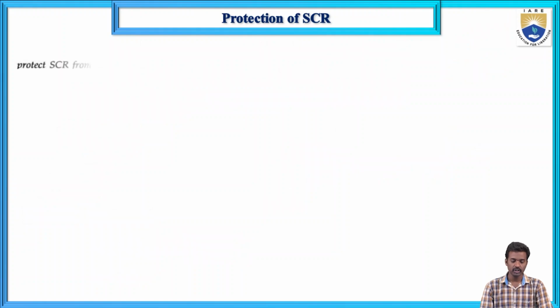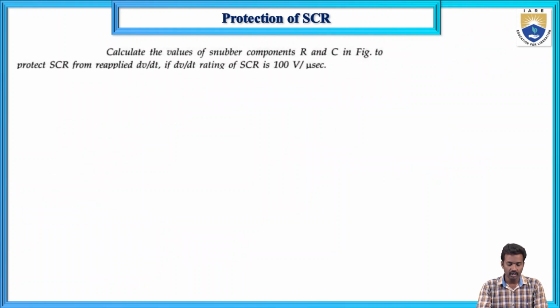And next, the second question: calculate the value of snubber circuit components in the figure to protect the SCR from the applied dV/dt, if the dV/dt rating of the SCR is 100 volts per microsecond.